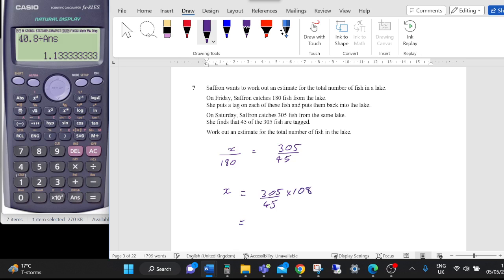You could have done a different rearrangement, but essentially we'll get the same value for x, or the population. So 305 divided by 45 would give us that, and then times that by 108 gives us that. A lot of the GCSE questions do give you a whole number solution for your estimate. The reality is, if you ever do this in real life, you're very likely to get a decimal value though.